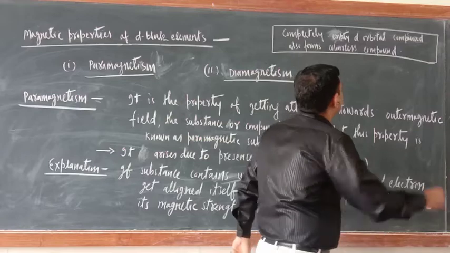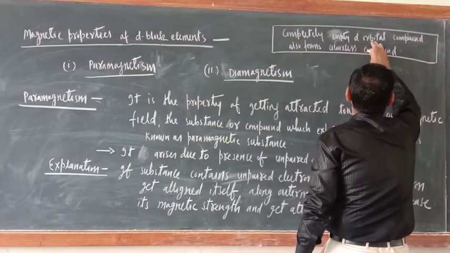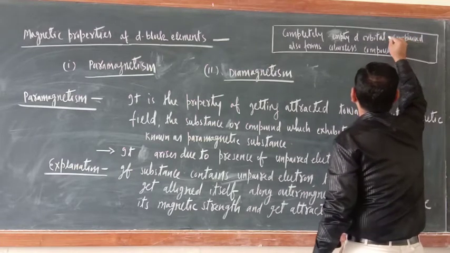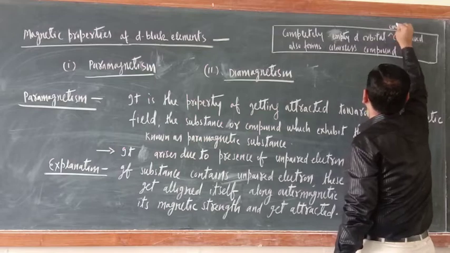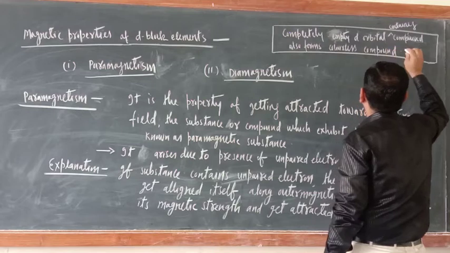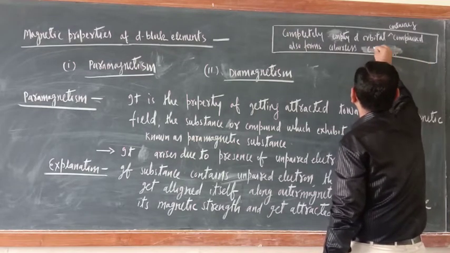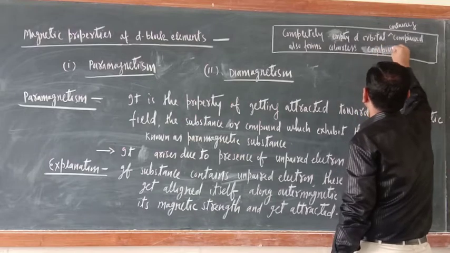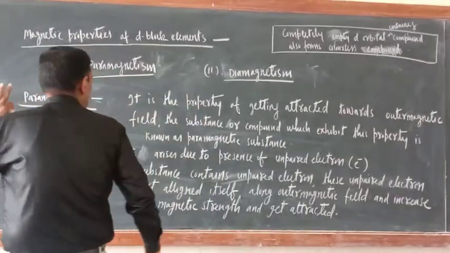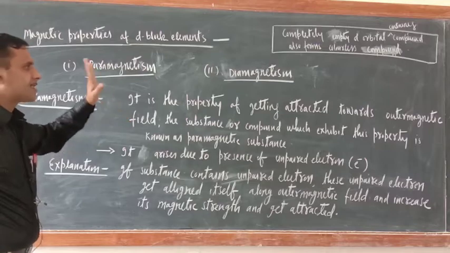Means the d orbital must have an unpaired electron. If it is vacant or fully filled, then the compound will be colorless.